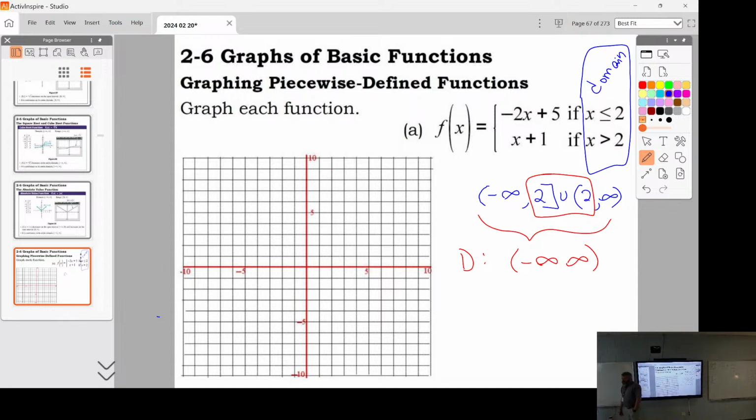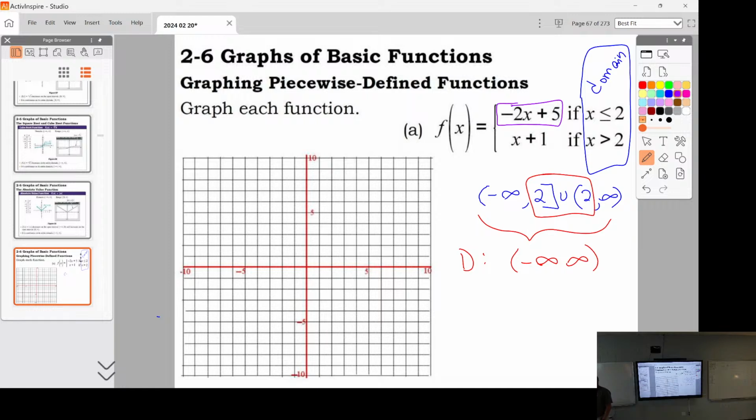To figure out the range, well, we have to graph it. And if you remember when graphing piecewise function, graph the whole line and then erase the part that doesn't exist. Okay? So if I was going to graph this line, what does the graph of negative 2x plus 5 look like?